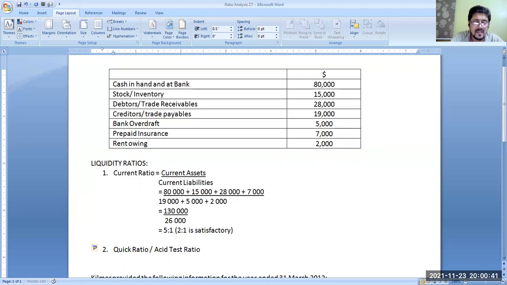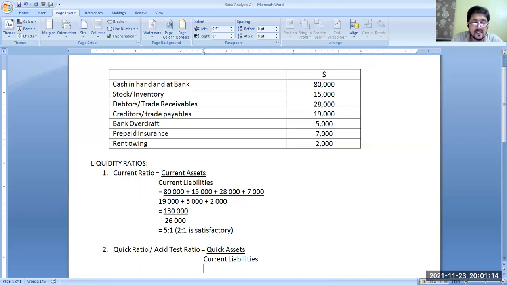Now, acid test ratio is equal to quick assets divided by current liabilities. Getting my point clear? So we should know what quick assets are.